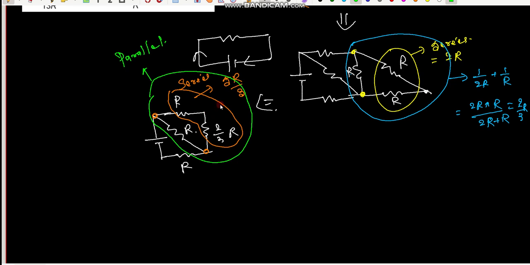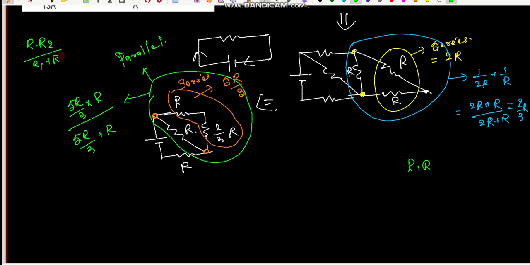How much is this now? The equivalent of these two will be 5R by 3 into R divided by 5R by 3 plus R. We know the formula for parallel connection, R1 R2 divided by R1 plus R2. Following this rule, I'm writing this down. So how much will this be? R will get cancelled, here we have 8 and here we have 5.